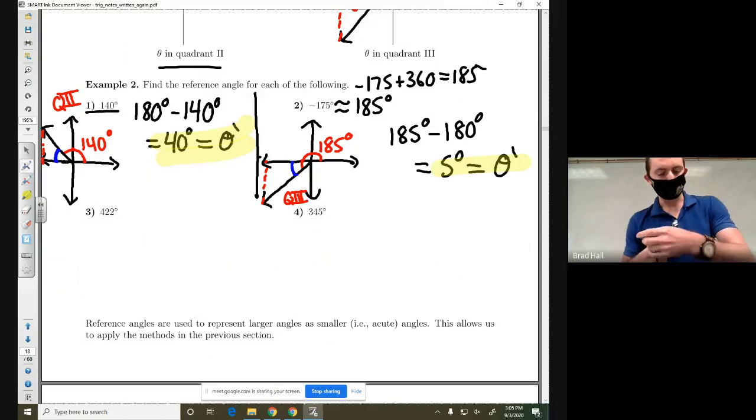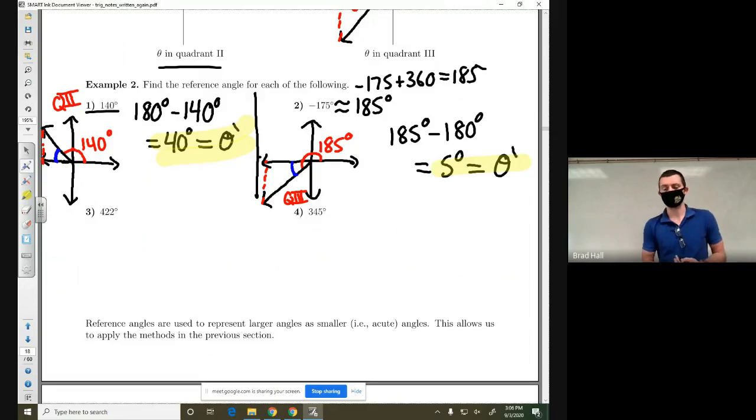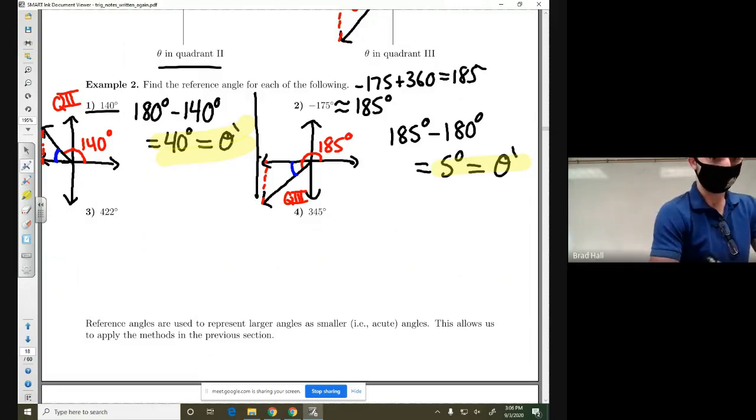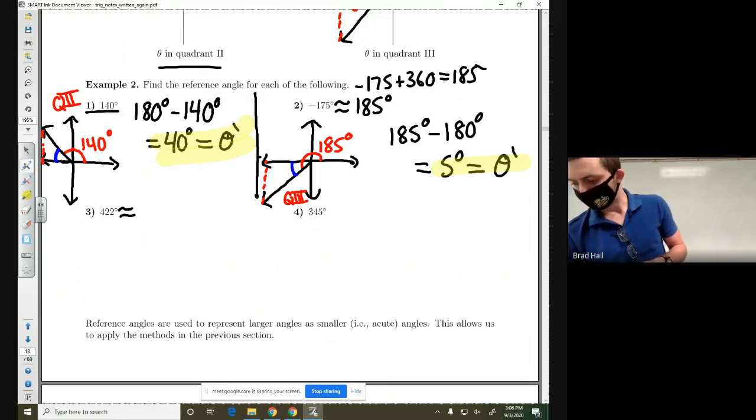How do we do that? We can subtract 360. Numbers larger than 360, we can reduce by using their coterminal counterpart. That's how I was able to look at this so quickly and determine, hey, I can get this smaller. It's because this number is bigger than 360. So this is going to be congruent to 422 minus 360.